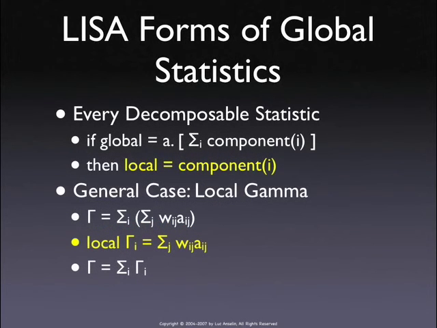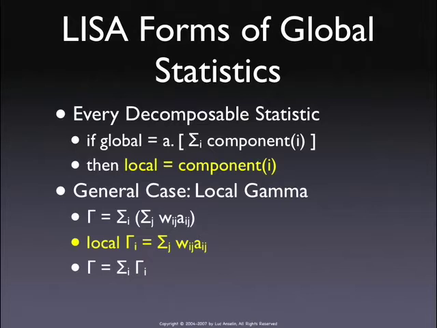Mathematically, it is actually a very simple thing. Every global statistic that can be written as a sum of location-specific components, possibly scaled, so you have a sum over i, where i is the individual location, of individual components associated with i. So there's no j in here.